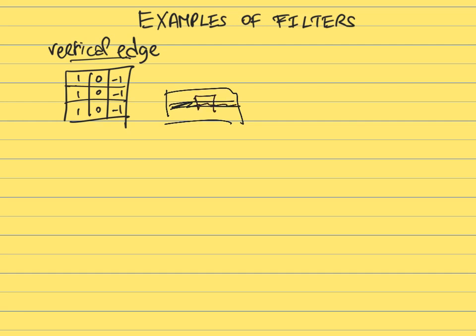Then you will place your filter like this, and the pixels on the right will be the same as the pixels on the left. So this filter would still give you a 0 value. It won't be able to detect a horizontal crack. It can only detect a vertical crack like this.